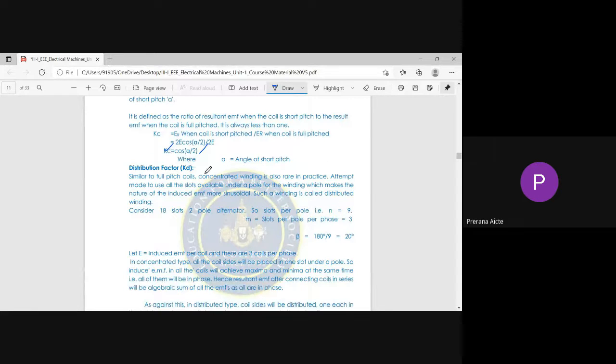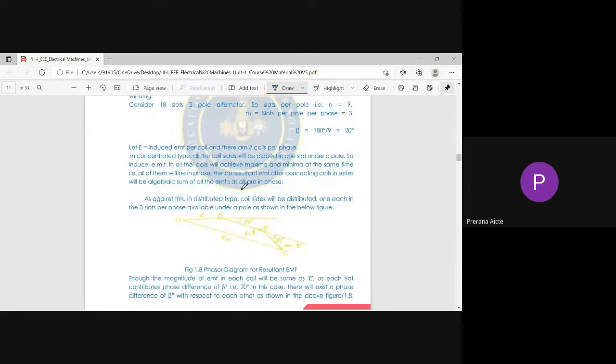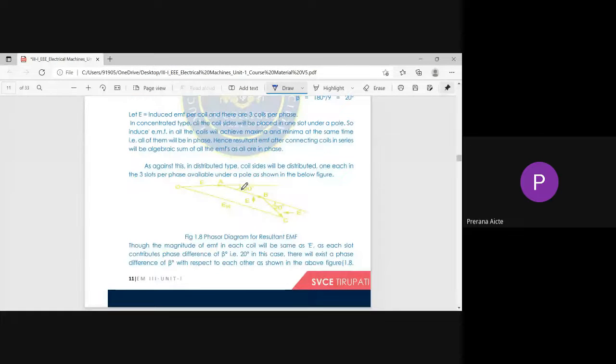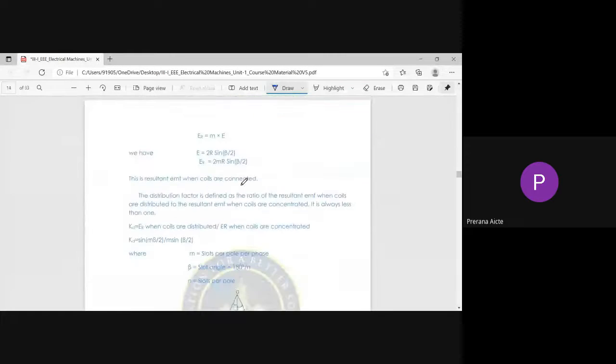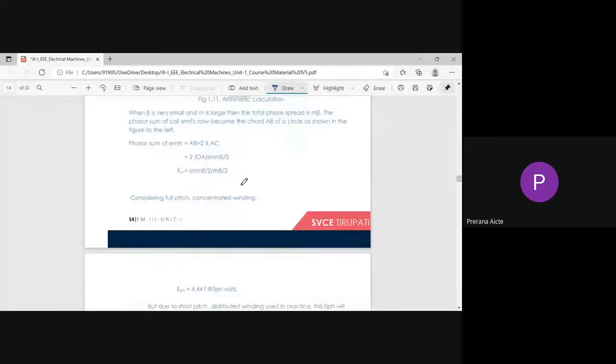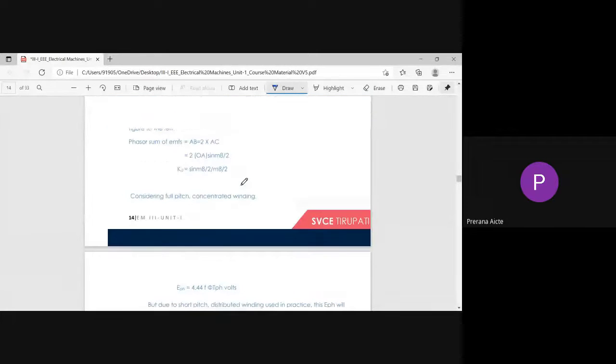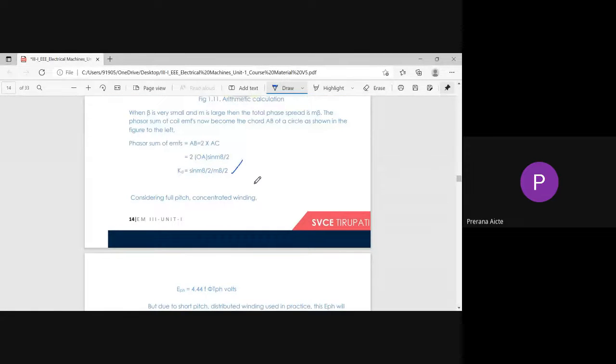Because of this pitch factor, the winding we design for an alternator is always less than 180 degrees. By doing so, we eliminate the dominating harmonics. See here the formula for the distribution factor: Kd equal to sine m beta by 2 divided by m sine beta by 2.